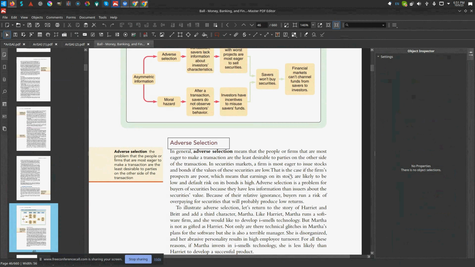That is the case if the firm's prospects are poor, which means that earnings on its stock are likely to be low and default risk on its bonds is high. Adverse selection is a problem for buyers of securities because they have less information than the issuers about the security's value, but because of their relative ignorance, buyers run a risk of overpaying for securities that will probably produce low returns.